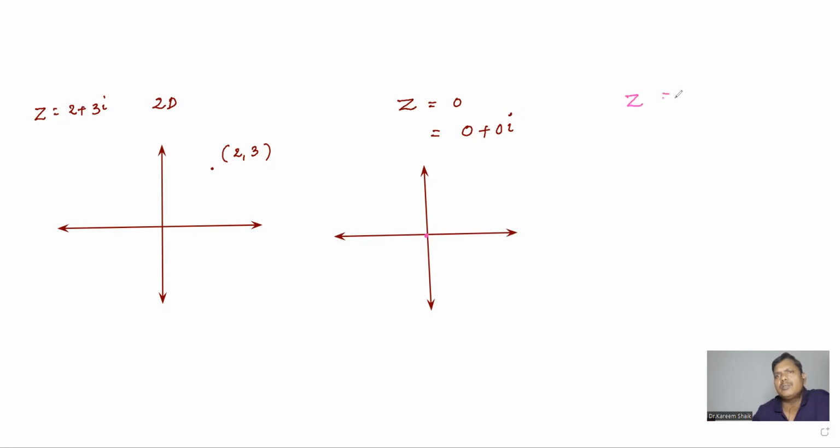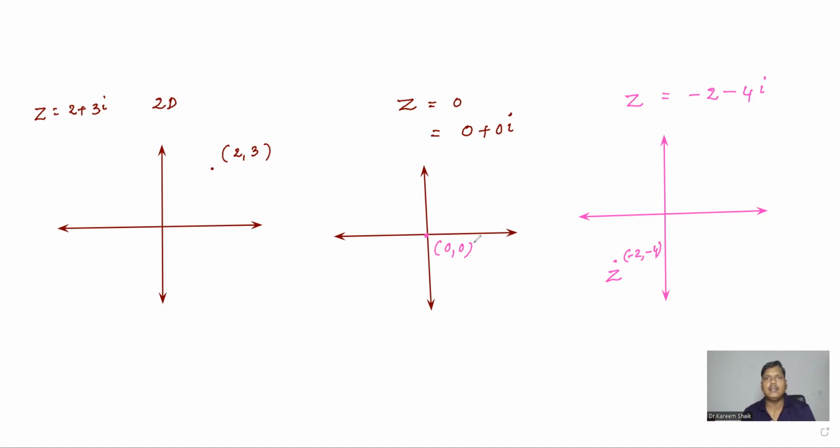Similarly, if z equals, for example, -2 -4i, then you have to represent the complex number in the third quadrant, that is (-2, -4). This is 0, 0. That means you can understand that every point can be expressed as a complex number, and for every complex number there exists a point in two-dimensional geometry. That's what I said: there is a one-to-one correspondence between the set of all complex numbers and the plane.